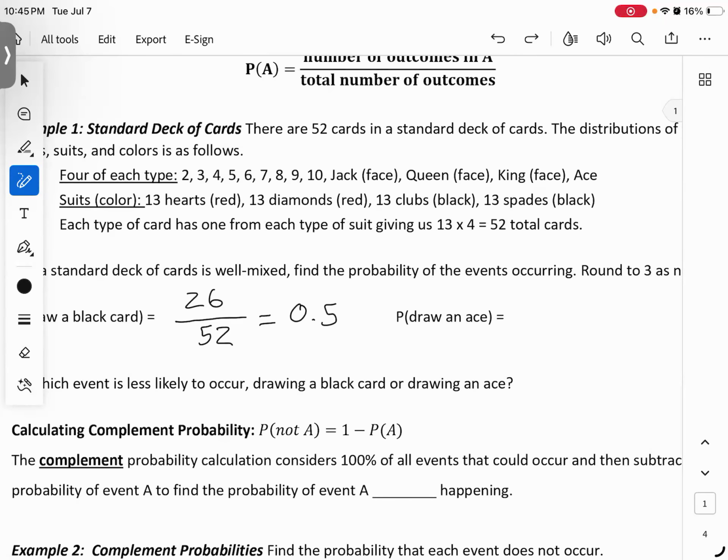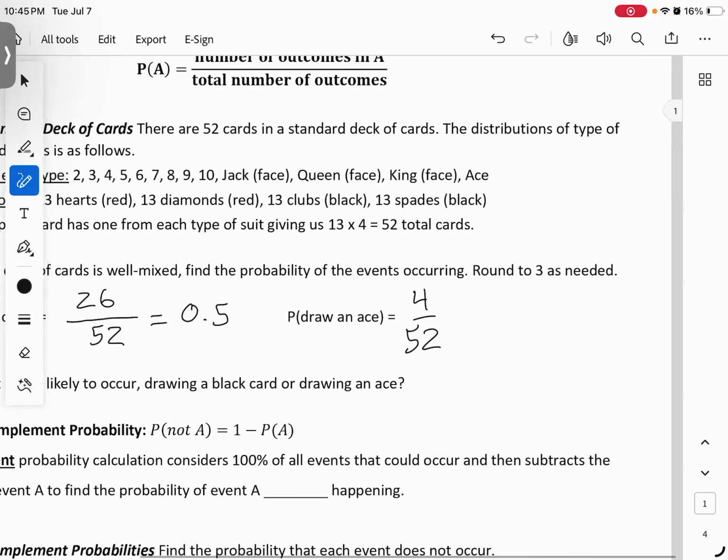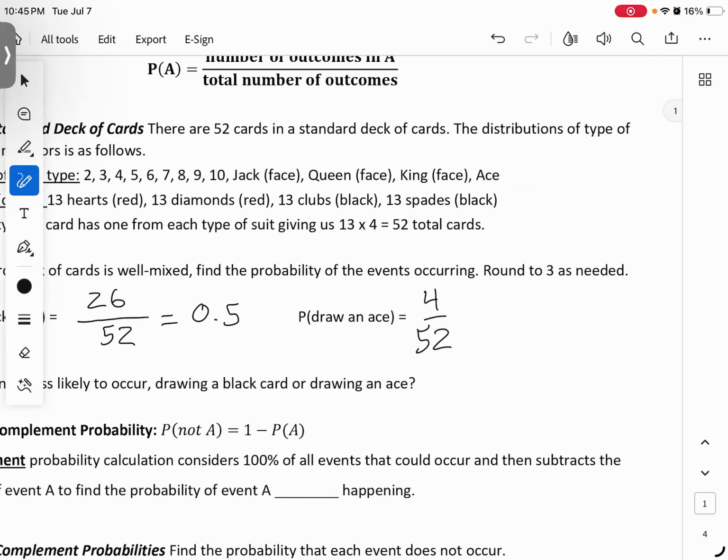So there would be a 4 out of 52 probability that you could get an ace, which is a lot harder to do as opposed to getting a black. But go ahead and put that in your calculator and see what decimal you get. And again, anything below 50% is less likely to happen.